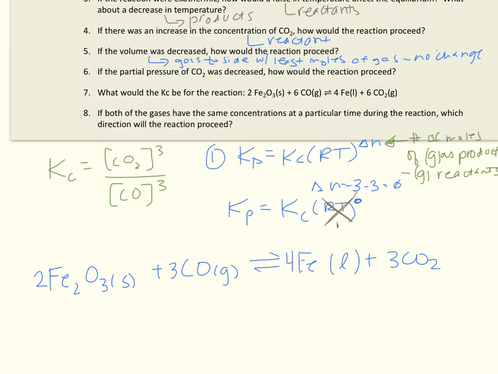All right, so it says if the partial pressure of CO2 was decreased, so this would be going down, then the reaction has to replace what's missing to a certain degree until K is reached again. So the reaction would go towards the products.